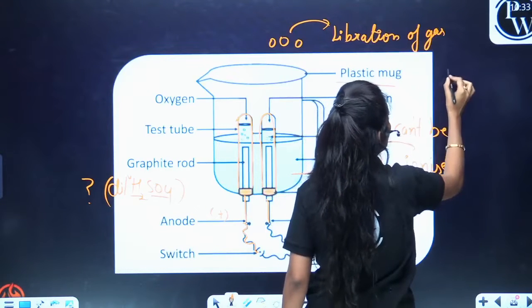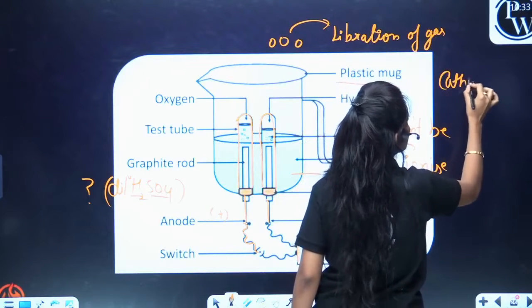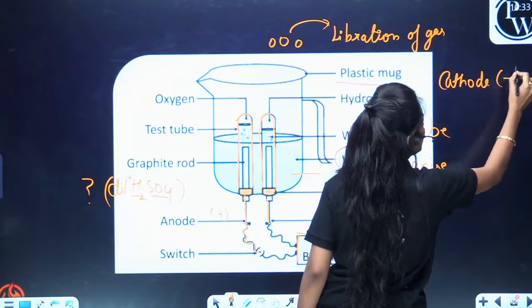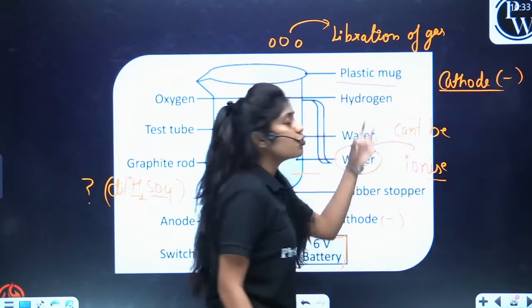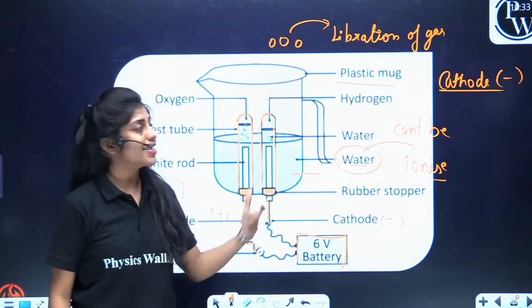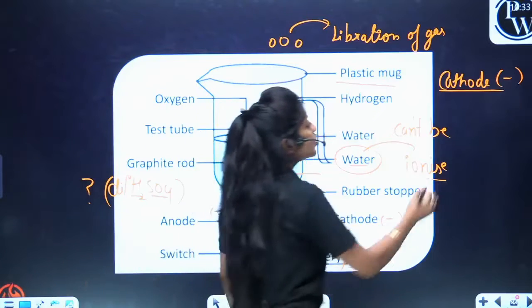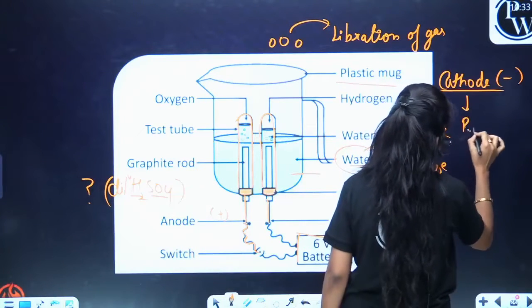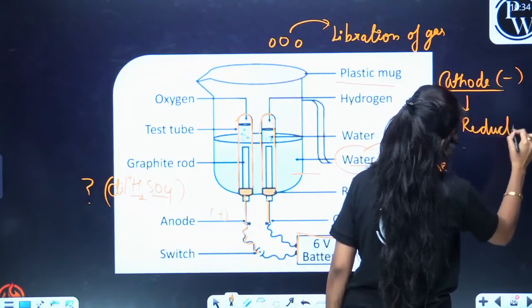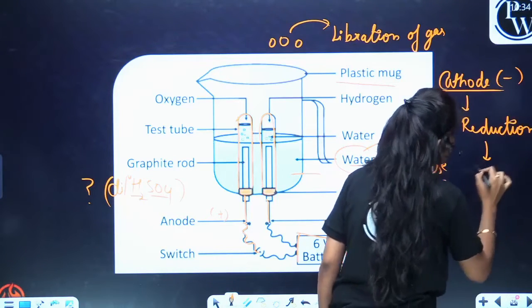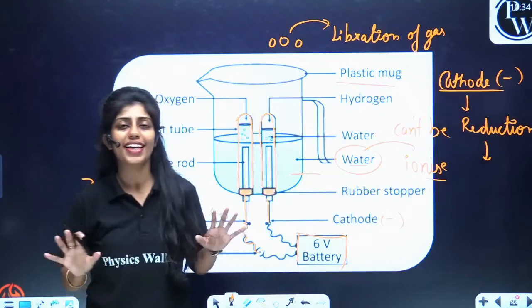So here we have the cathode. At the cathode, what kind of charge will be accumulating? Of course, negative. So here reduction will take place. The reactions are not involved in our syllabus, so don't take that burden.